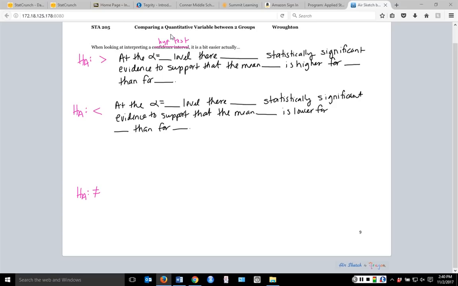So maybe I'll say at the alpha equals 0.05 level, there is statistically significant evidence to support that the mean exam score is lower for exam 2 than for exam 3. And that's what that's going to look like.